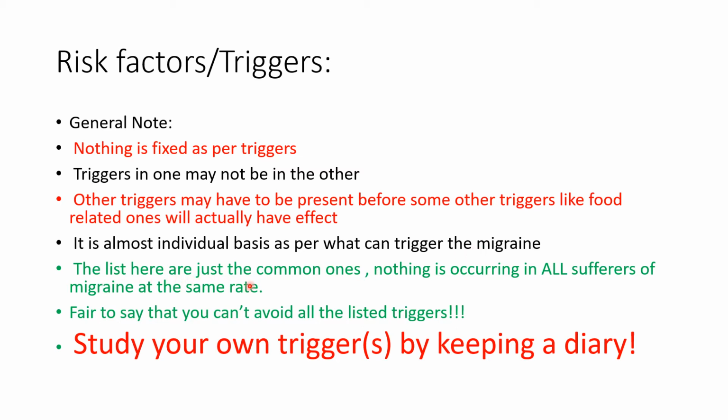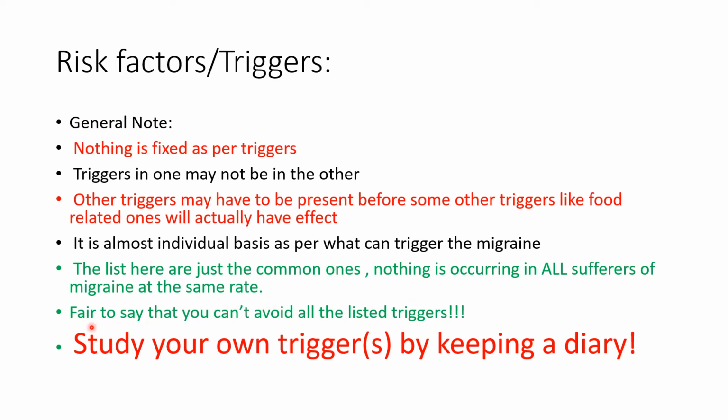So the list here are just the common ones that have been reported all over the world and put in literature worldwide. So nothing is local, nothing is peculiar to any region when it comes to triggers of migraine. Okay, and it's not going to affect all sufferers of migraine at the same rate.